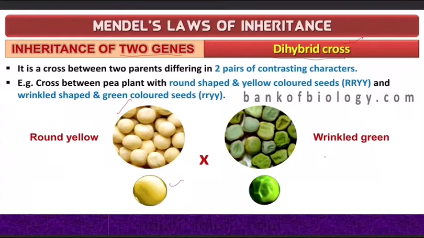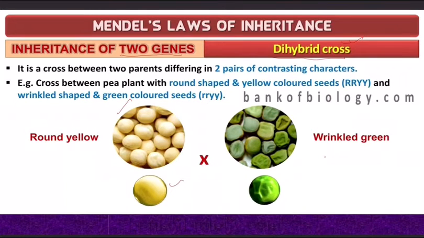That's why it is called dihybrid. Example, cross between pea plant with round shape and yellow color. So two characteristics are there, round and yellow.